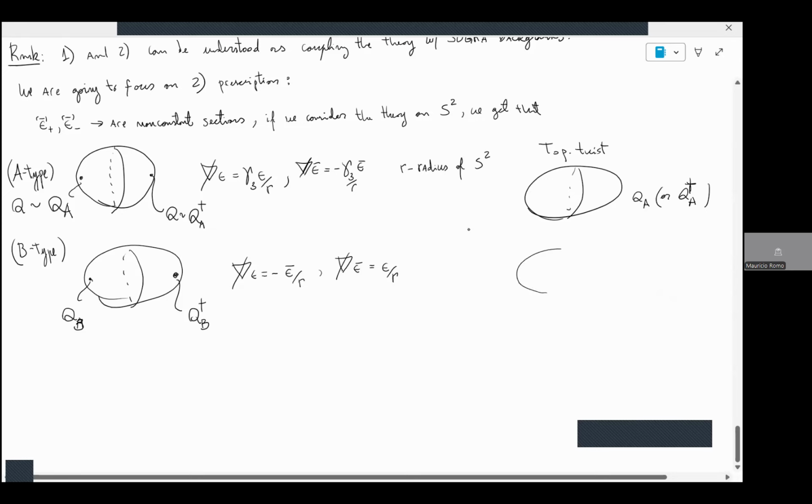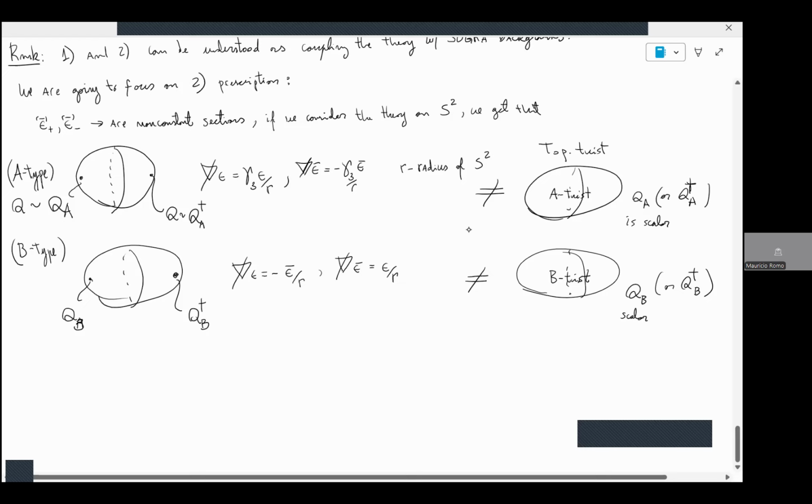Or in the case of B, you can have QB everywhere be a scalar, or QB dagger, everywhere. So here everywhere is the A twist, and here everywhere is the B twist. So only in these geometries can you have these two options, and of course the partition functions in these two cases are different.